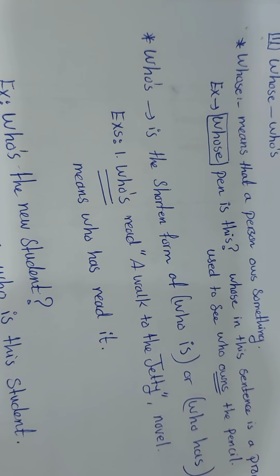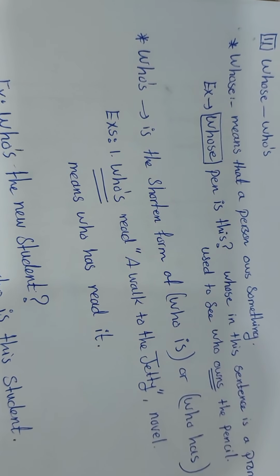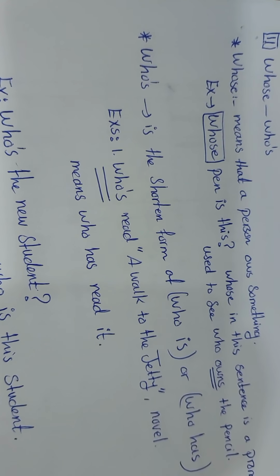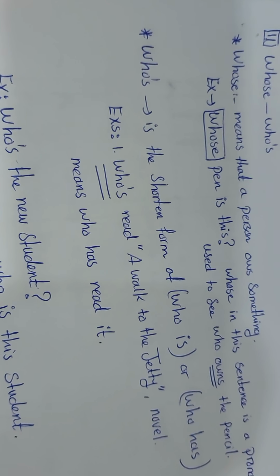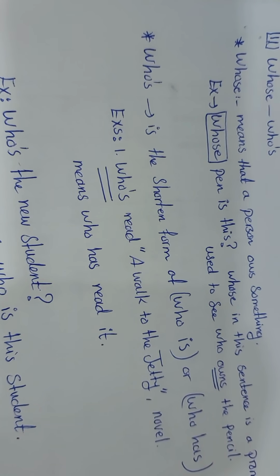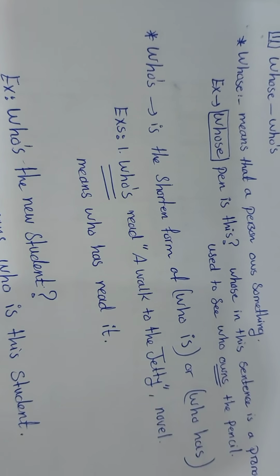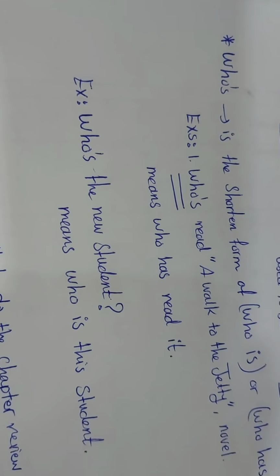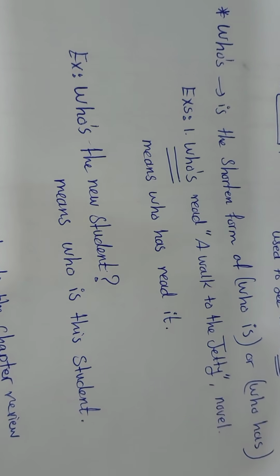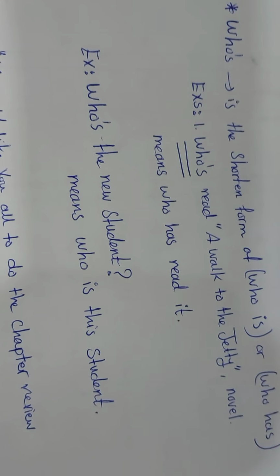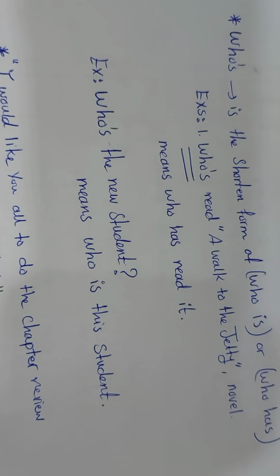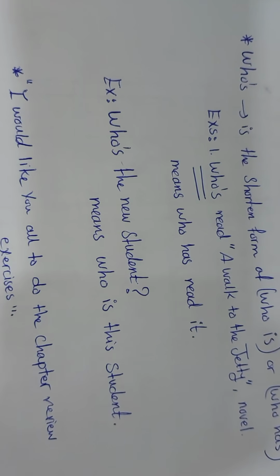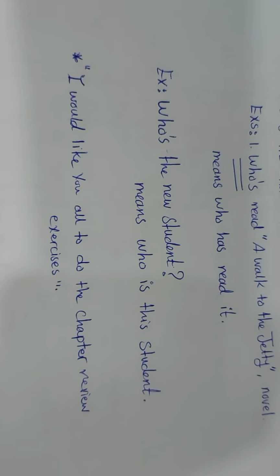As for the second, who's with an apostrophe is the shortened form of who is or who has. Who's read a Walk to Remember novel here means who has read it. Or, for example, who's the new student means who is the new student. So be careful. It is a shortened form of who has or who is.